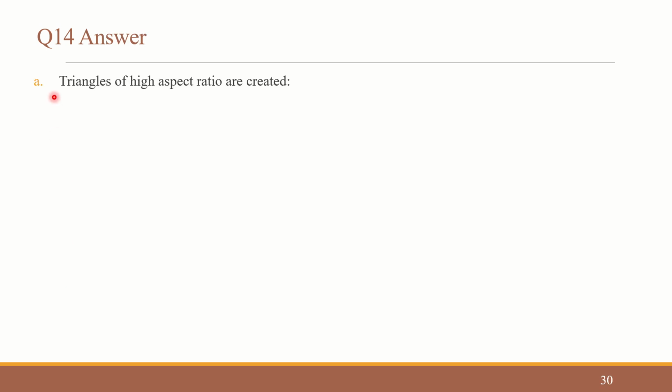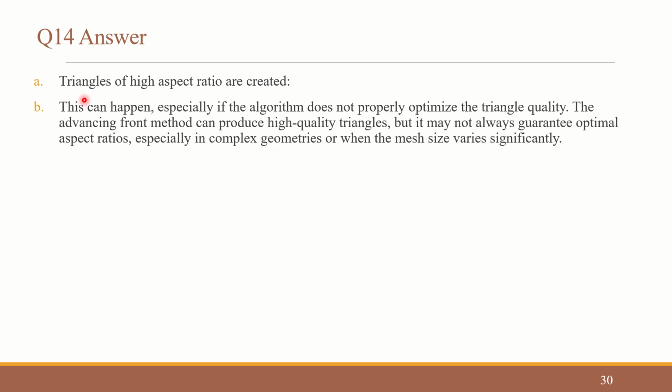Okay, we will see why the first can happen and the two others cannot happen. First, when triangles of high aspect ratio are created, this can happen, especially if the algorithm does not properly optimize the triangle quality. The advancing front method can produce high quality triangles, but it may not always guarantee optimal aspect ratios.